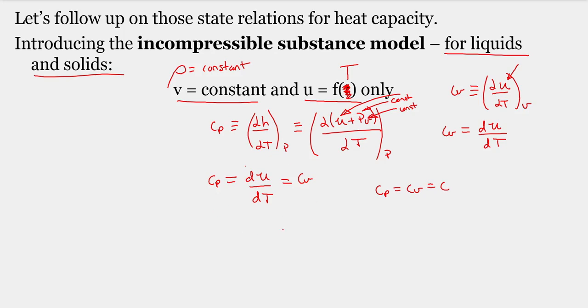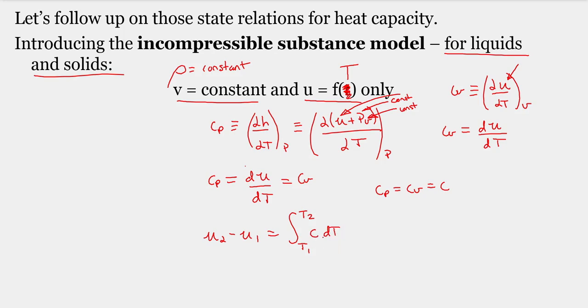All right, so having said that, we can now come back and look at these definitions and descriptions for the internal energy, and we can say, hey, if I need to know what the change is between the initial state and the final state for the specific internal energy, that's simply the integral from the temperature at state 1 to the temperature at state 2 of the product of the specific heat times the differential step in temperature.